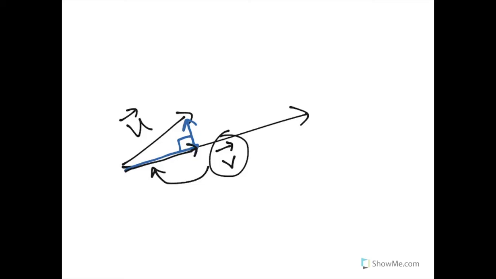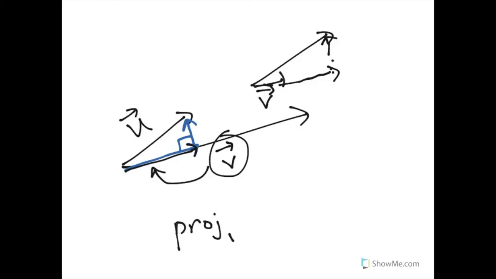And by the way, sometimes we could have a picture where v is small and u is big, and then what we'd actually be doing is trying to make v bigger and extend it out to there so that we get a perpendicular. I won't go into a ton of detail on this, but here's what the projection vector looks like. The projection of u onto v looks like u dot v.